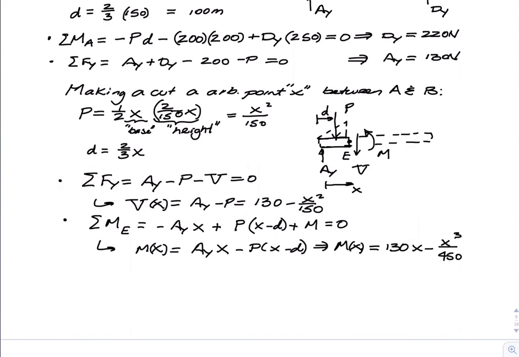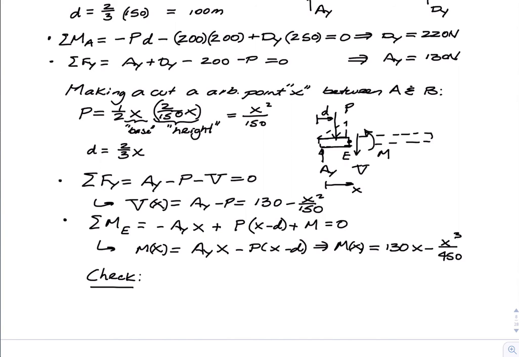Now, what we've seen up to this point is that we can find these things by equilibrium, as we've done here by drawing the FBD. But we also saw that from equilibrium we can check our work by comparing it with what the equilibrium results give.